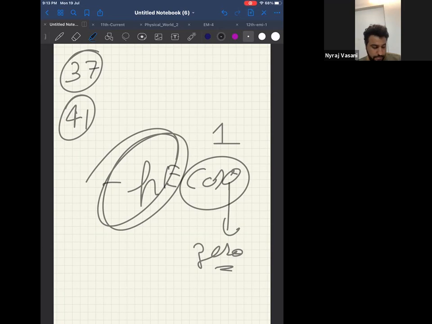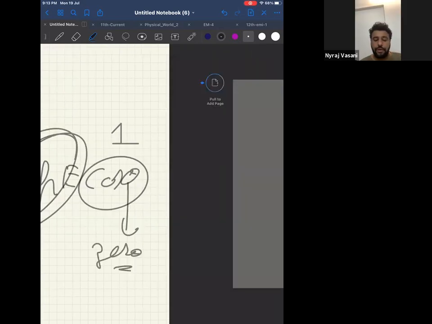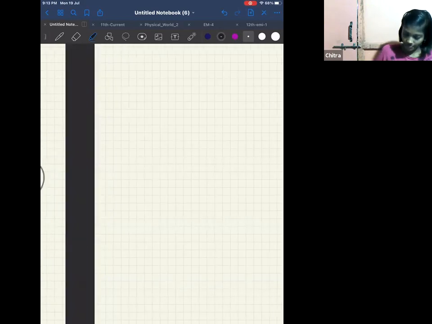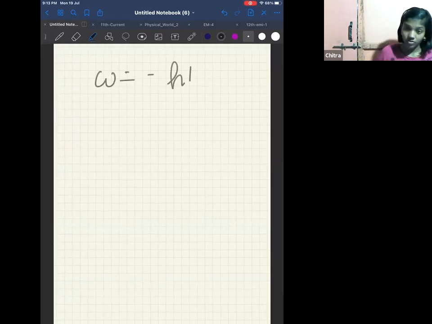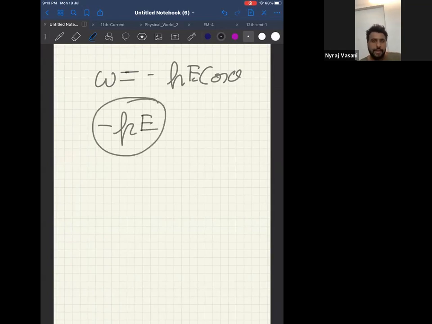Someone was saying something? Sir, why didn't we take 0 all over 0? Because what is the formula for work done or potential? Work done or potential for a dipole is minus PE cos theta. Okay, this is the formula. Now, what is the minimum value of minus PE cos theta? The minimum value is minus PE. Maximum will be plus PE and 0 will be 0.